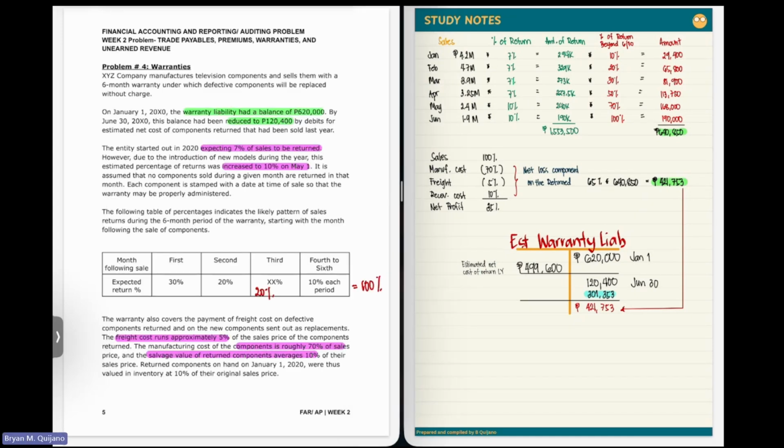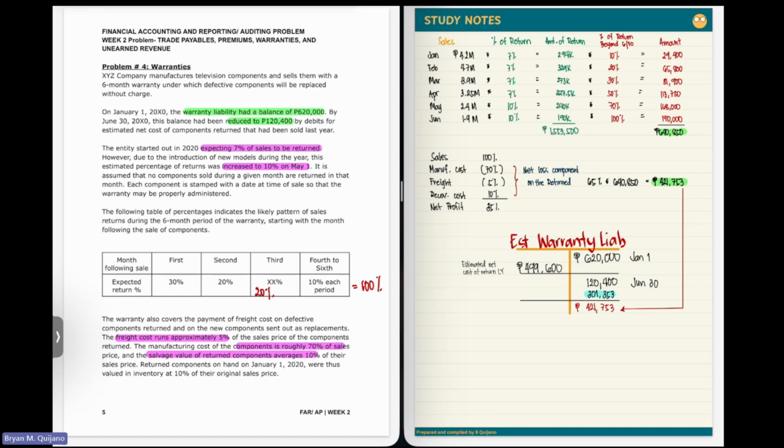Take note, guys, according to the problem, we have here the freight cost of 5%. Then we have the manufacturing cost of 70% of the sales, and we have the salvage value, which is an average of 10%. So if we are going to assess it, since all of these are cash flow, the manufacturing cost of 70% and the freight cost of 5% will be the net loss.